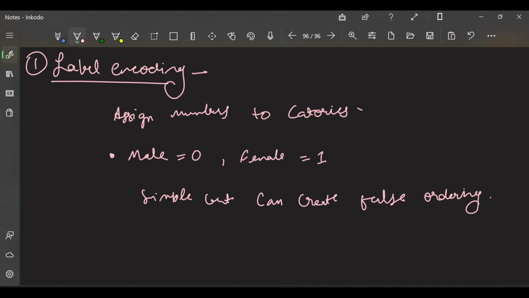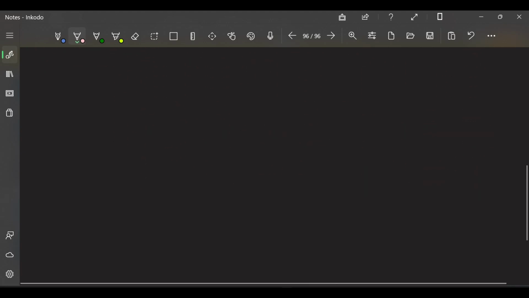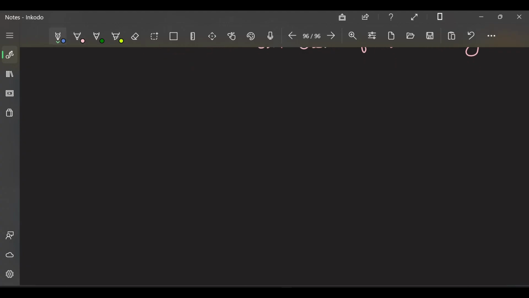I hope I'm clear. So moving further, the second one is one hot encoding. It creates dummy variables.